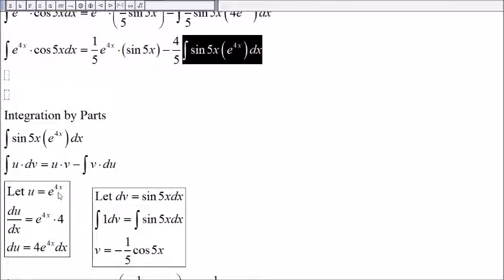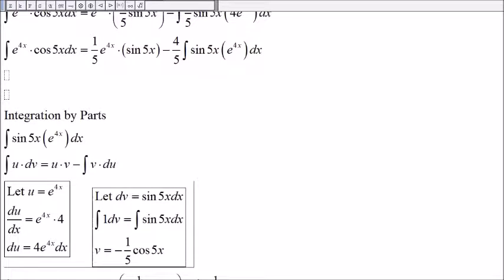And just like before, the derivative of u will be e to the 4x times 4, so du will be 4 times e to the 4x dx. dv is sine of 5x dx. Now integrate both sides.